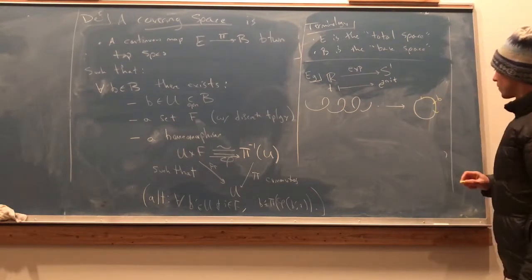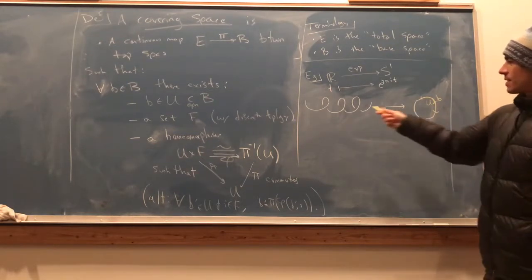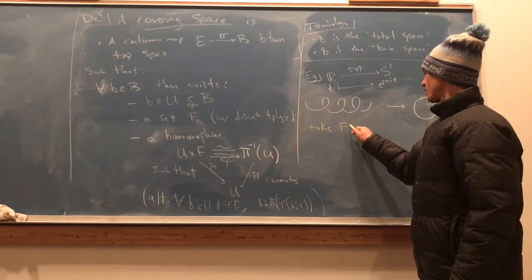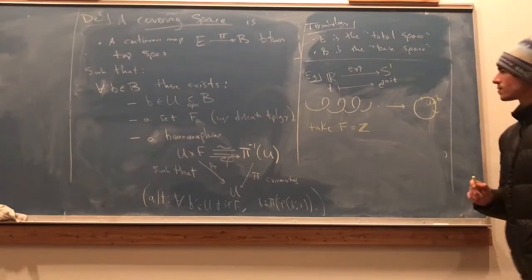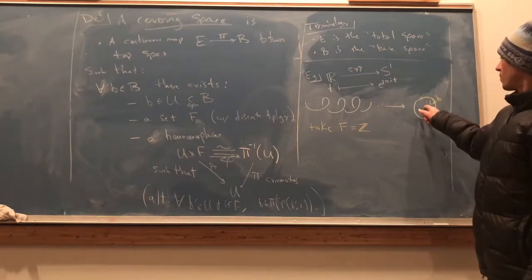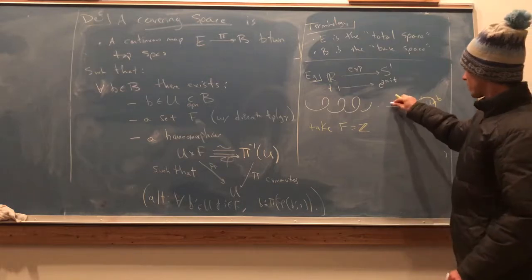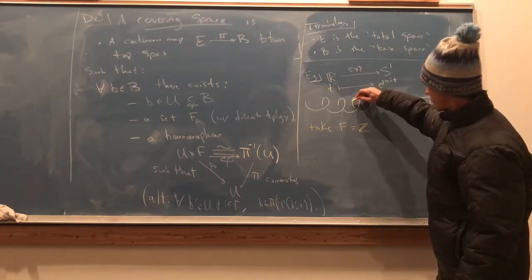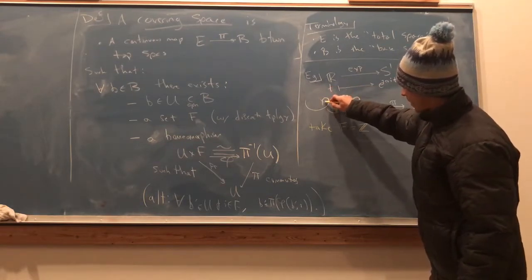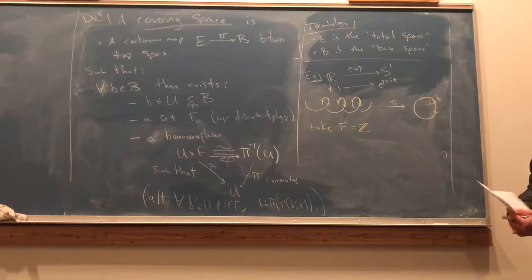There's our open U about it, and a discrete set. So we'll take F to be the integers Z, so that pi inverse of that open will be this collection of open intervals in the reals, infinitely many of them, countably infinitely many of them.